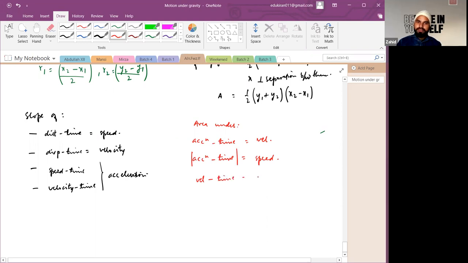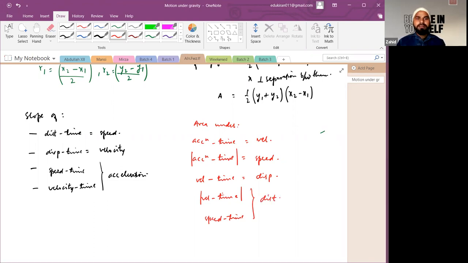The area under velocity-time will define displacement, but the mod of velocity-time will define distance. And last, speed versus time will again define distance. So we can define these quantities on the basis of slope or area under the graph. Is it clear?